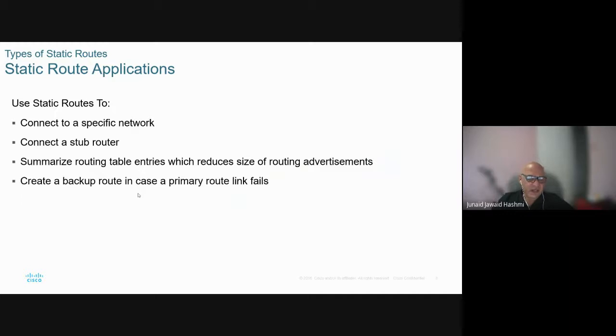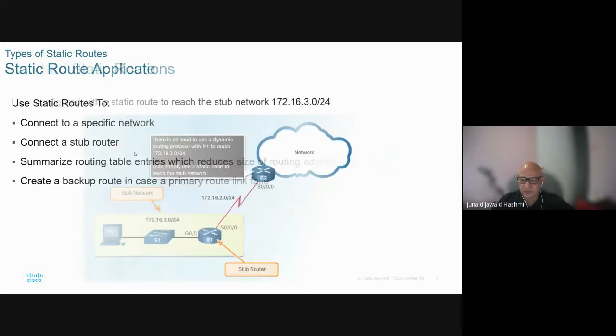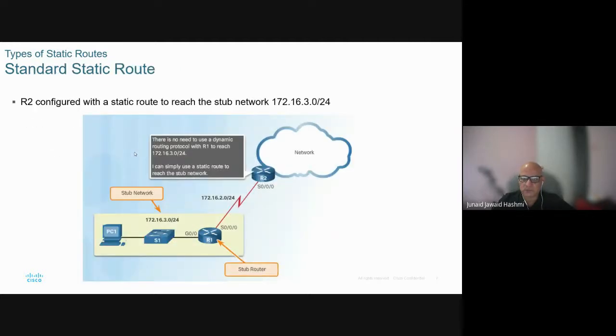Also, you can create a static route as a backup route in case one dynamic route fails. You can create a static route, and obviously it connects to a specific network. So here you have the R2 router.